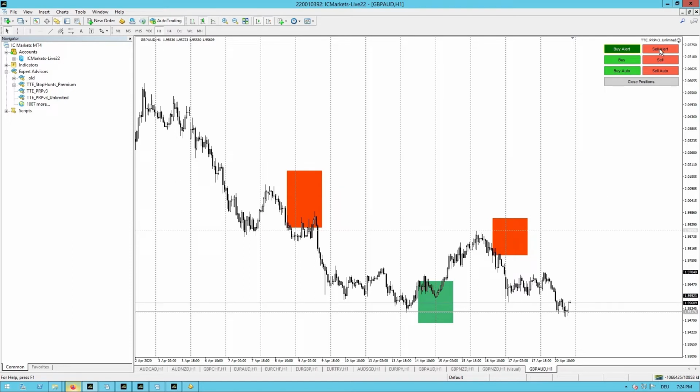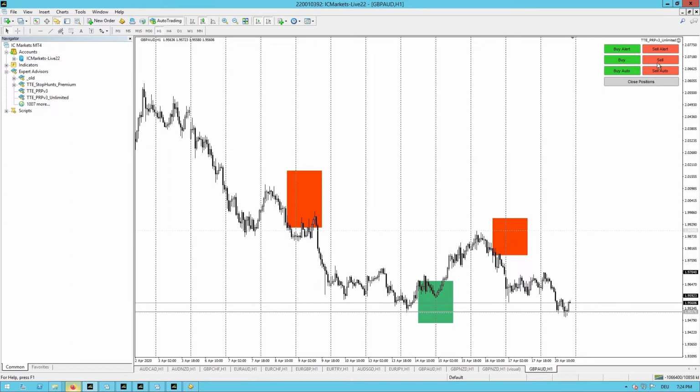And you can at the same time push the sell alert, and it will do the same for the sell alert, or you can disable it again.